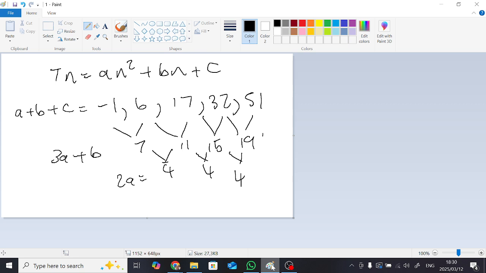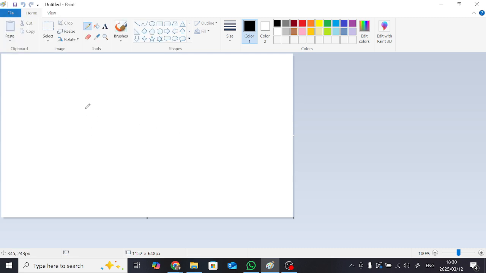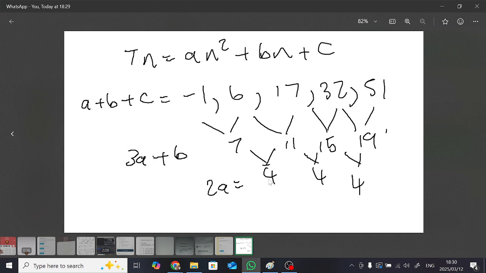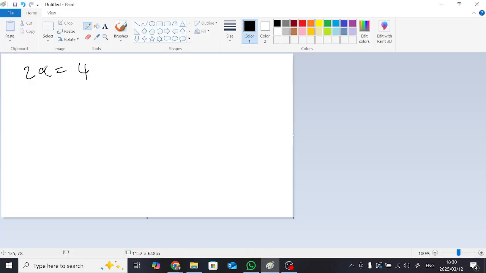Let's start from the bottom. Remember, your second constant difference is equal to 2A, which is 4. Your first constant difference is equal to 3A plus B, and your first term is equal to A plus B plus C, right?